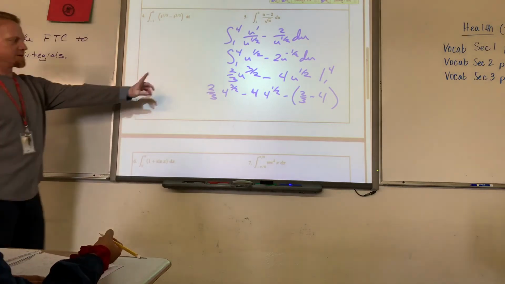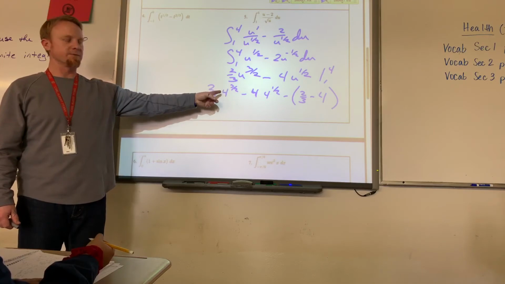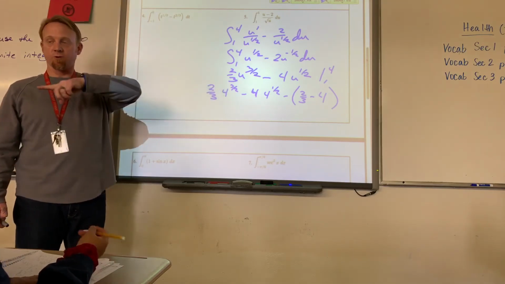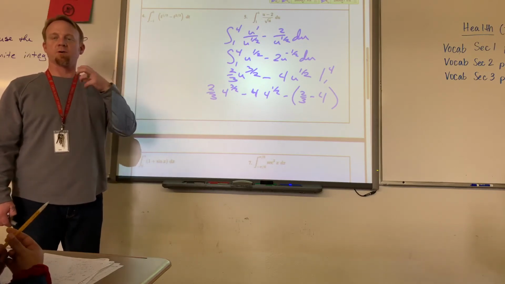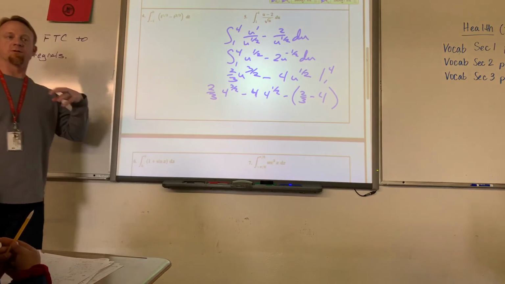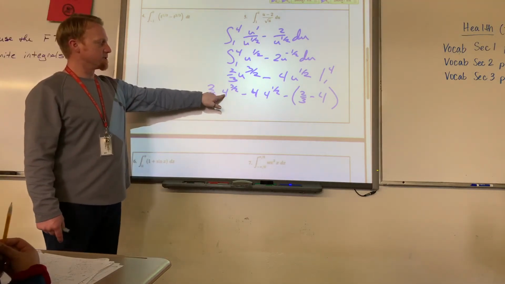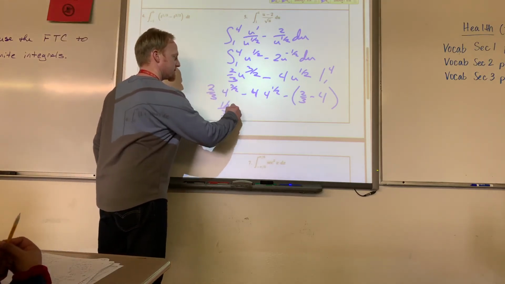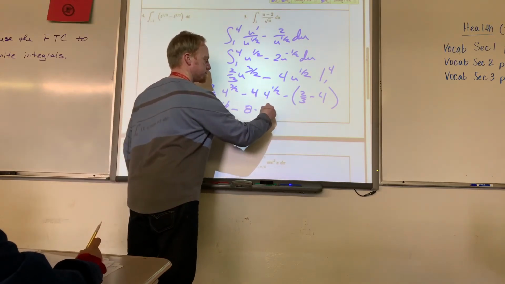Now we need to be good at evaluating something like 4 to the 3/2. What is this wanting me to do to 4? You can do cube root and square root, or you can do square root and cube. I always prefer the root first and then the exponent second. So square root of 4 is 2, 2 cubed is 8, 8 times 2, 16. Square root of 4 is 2, 2 times 4, 8.